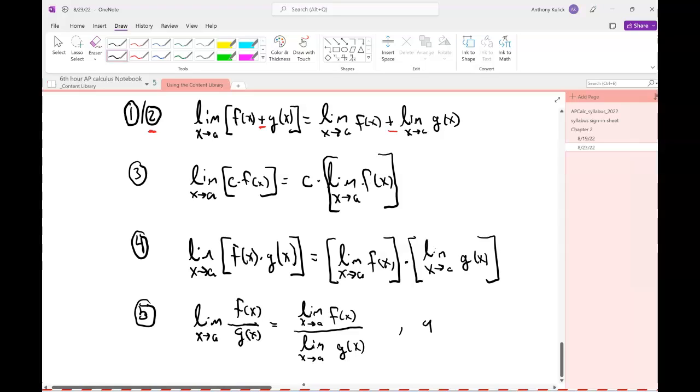And again, all of this obviously provided that g of x is non-zero.